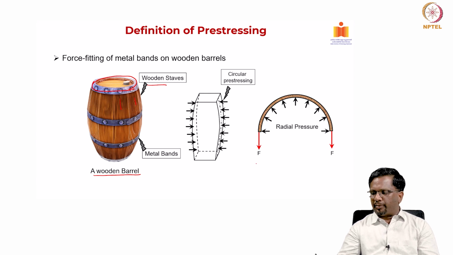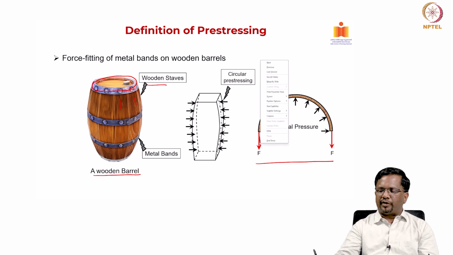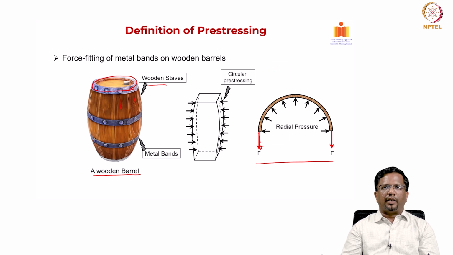And this is a typical case. You have a radial pressure generated from the material stored in this wooden barrel, which is going to create this kind of tension, and that tension has to be counteracted by applying a pre-compression. So, that is one of the earliest applications of pre-stressing, in the case of a wooden barrel.